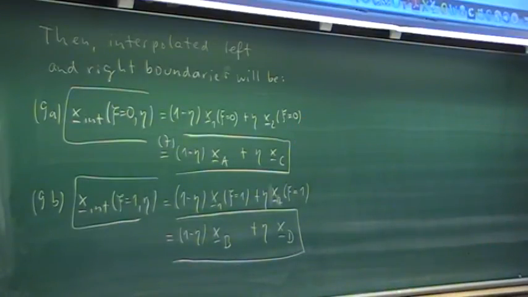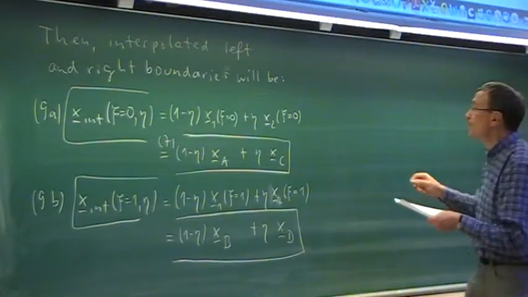Now we see from the sketch that we have errors, unless we would have straight lines in between, but in general we will have errors. Now we identify these errors at the left and right boundaries.